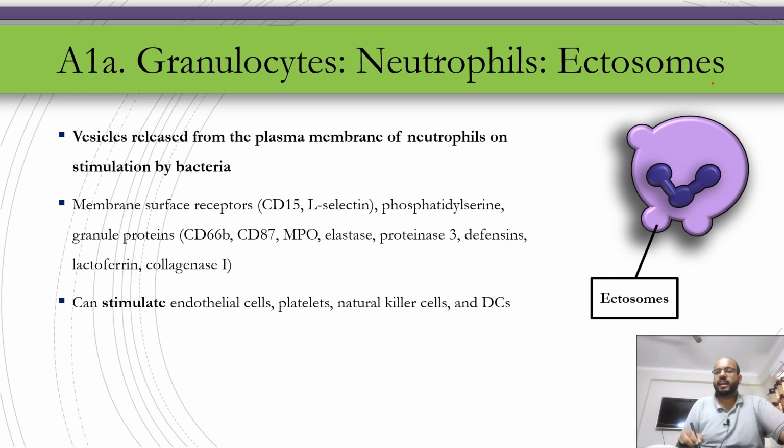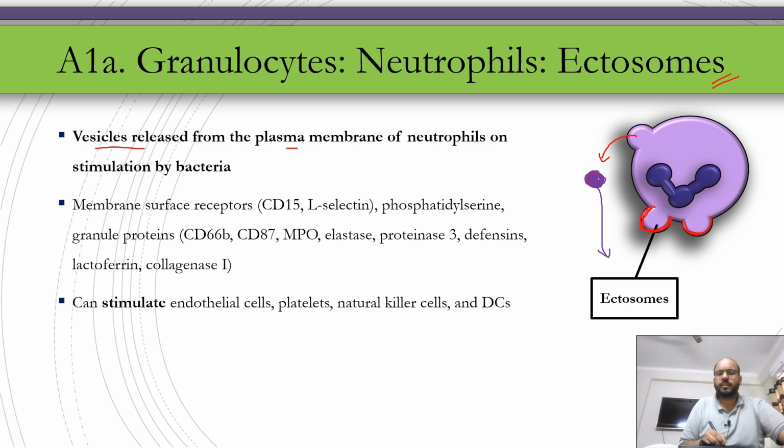These are some structures known as ectosomes. Ectosomes are outpouchings of the neutrophil membrane. So these are little vesicles, and what happens is that there will be an outpouching, and this will become a small vesicle which the neutrophils will release. Let me change the color. Purple to match the neutrophils. Yeah. So these ectosomes are vesicles or outpouchings which are released from the neutrophils. Clear?